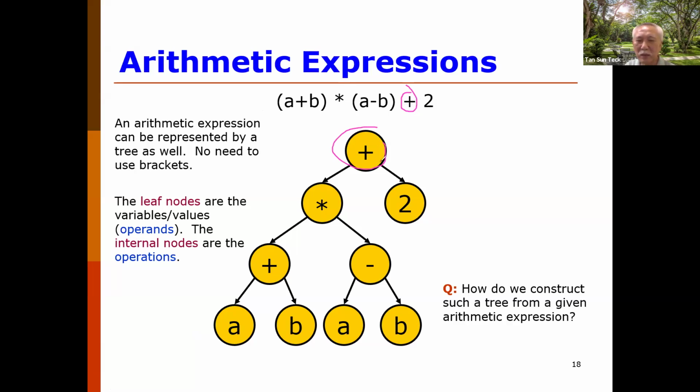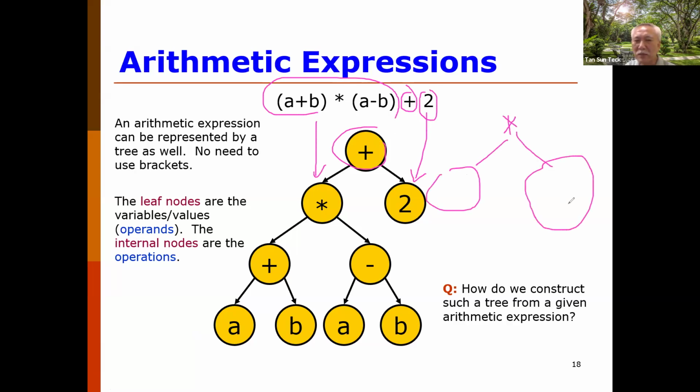Then we will put plus as the root node, and then everything on the left will go to the left subtree. Everything on the right will go to the right subtree. But you can also say, I want to have the multiply to be the root node. Then this one will be a plus b, and this one will be a minus b plus 2. Right? So we can have different things inside there. But once you have the expression tree, the brackets are implicit already.